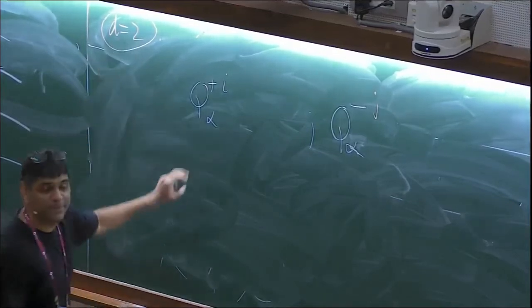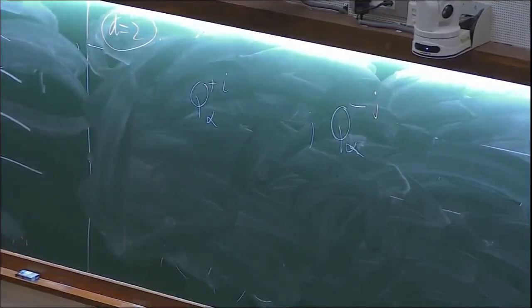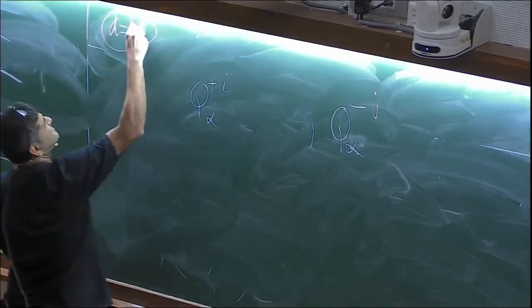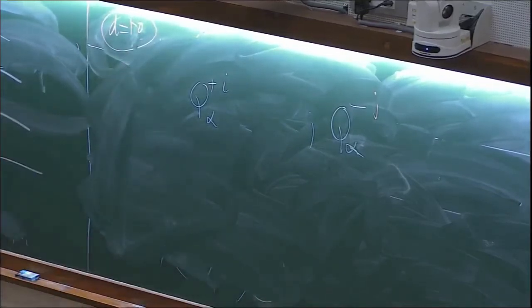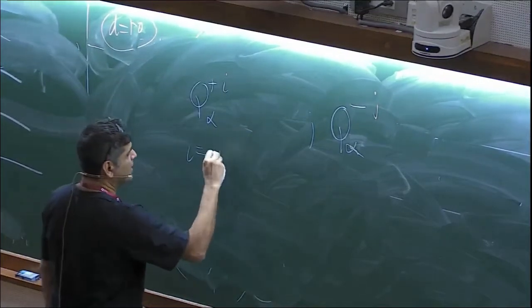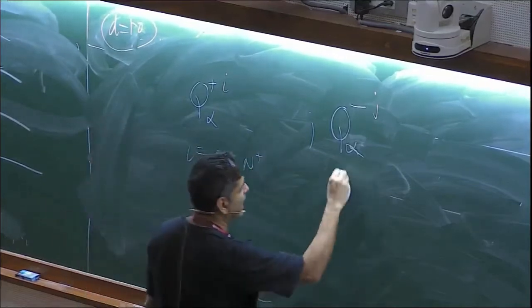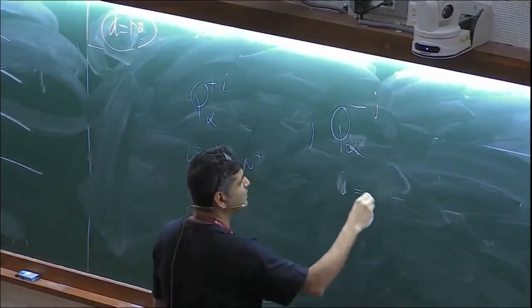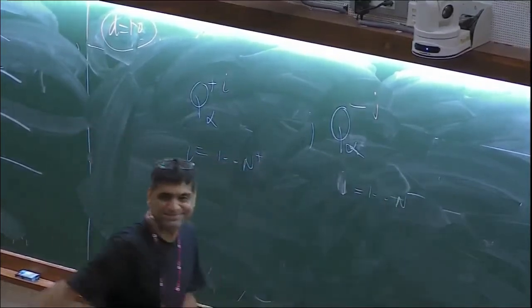Say d equals 10. So when I say 2, I mean 2, 10, 18. Let's write it as 10, because 2 is too trivial. Now, I is equal to 1 to n plus, and this j here is equal to 1 to n minus.